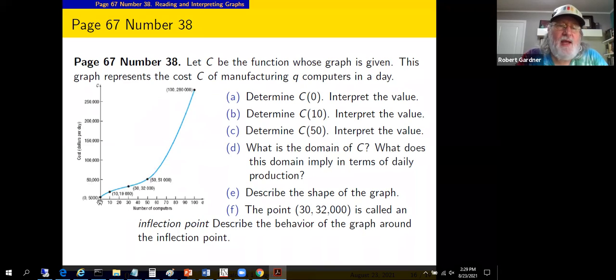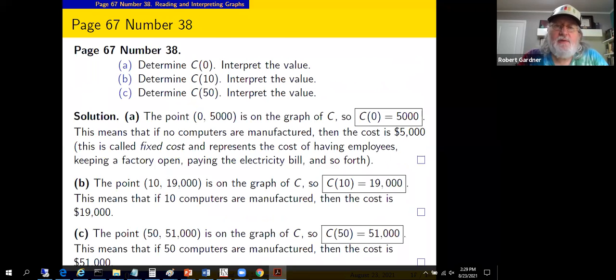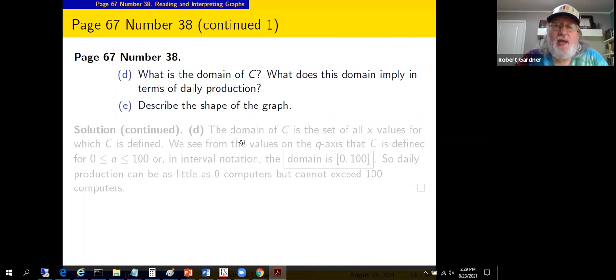So the domain is anything between 0, including 0, because there's a point here, up to 100. The curve ends there. They stopped drawing. They didn't put the little arrowhead. So it stops here, starts here, 0 to 100. That's the domain. So back to the question asked. What's the domain?